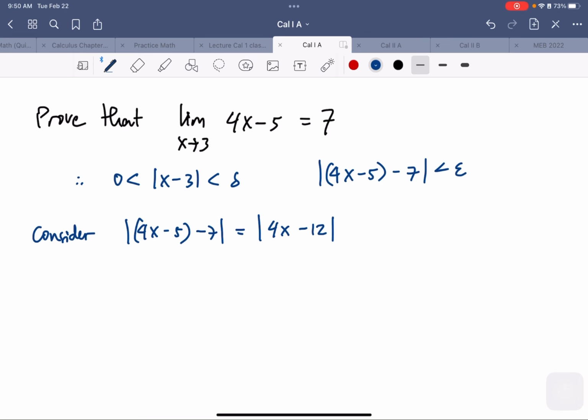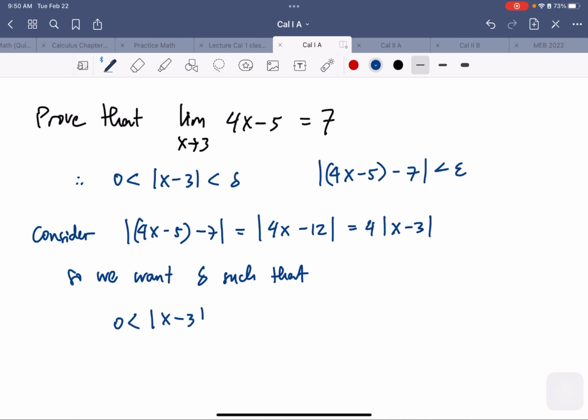And we know that this is 4 times the distance, x minus 3. So we want delta such that we can write 4 times |x minus 3| less than epsilon.